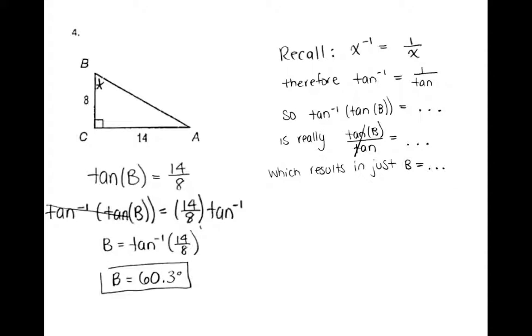So here we can say that angle B equals 60.3 degrees. And remember, here in 6 through 8, we're rounding to the nearest tenth, and we're finding the measure of angle B. Again, the inverse of any function does the opposite. So if we multiply the tangent times tangent inverse, it's going to just give us the angle, which is exactly what we're looking for.